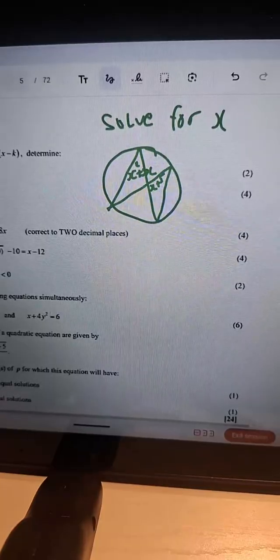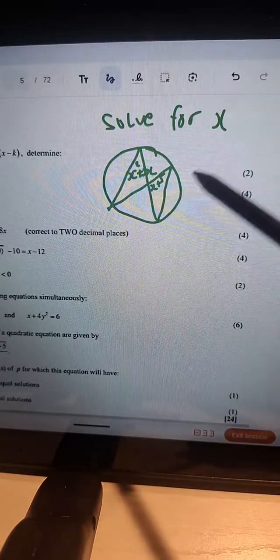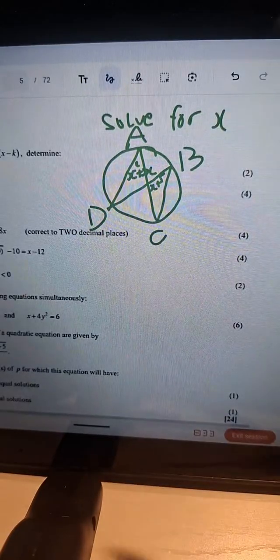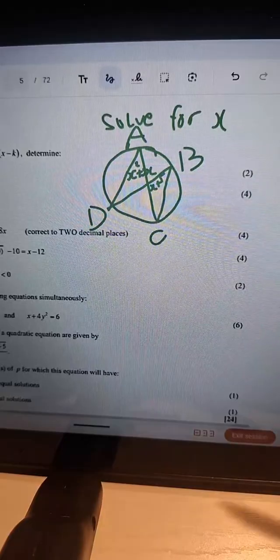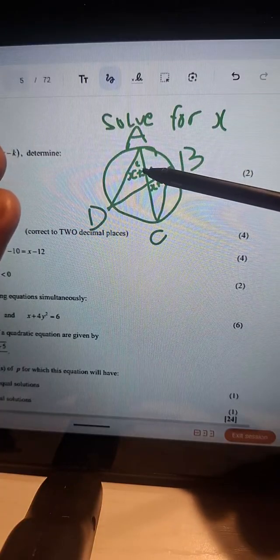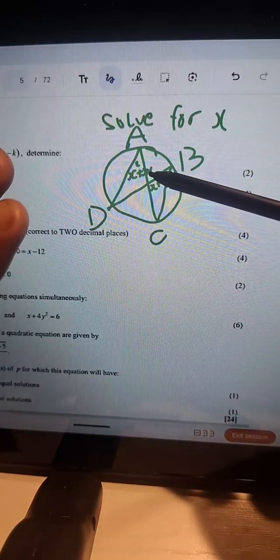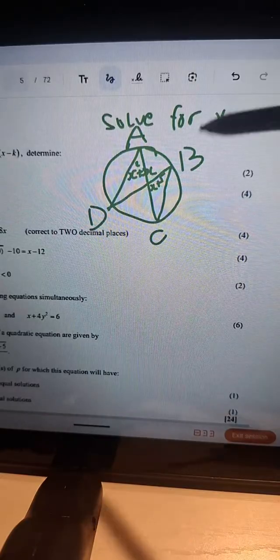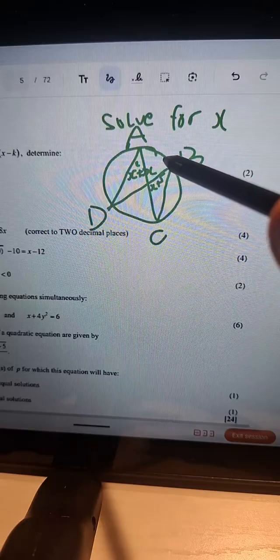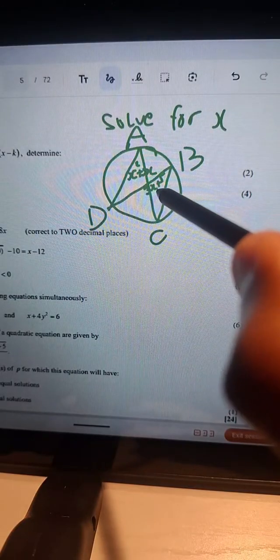I'm just saying, what if they had x squared plus 3x here, and then x plus 5 here, with this diagram A, B, C, D? This one would be a typical solve for x. But what do you see here? x squared plus 3x at the circumference of the circle at A, and then at B, let me say not x plus 5, let's say 3x plus 5.